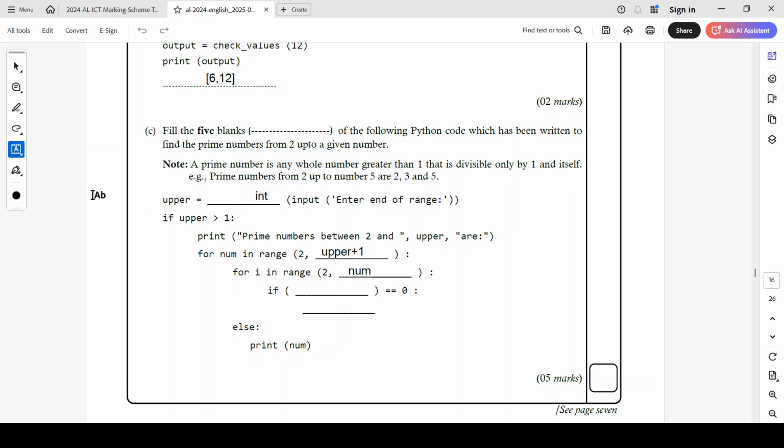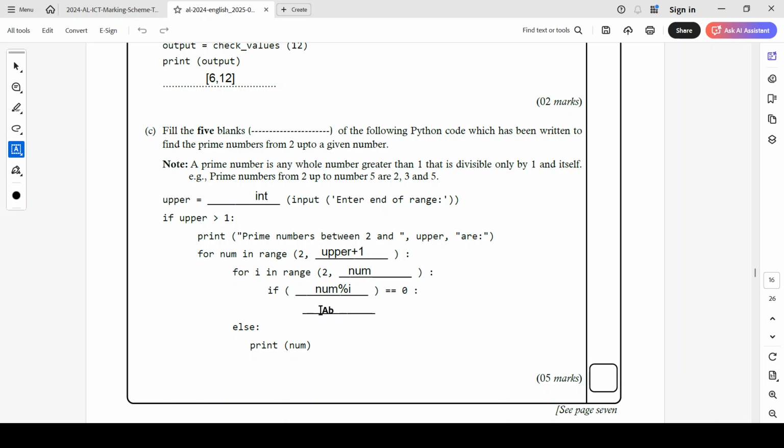So we want to divide num by i, because num is stored here and here is another variable i. So that's why num mod i, because the remainder is what we want.